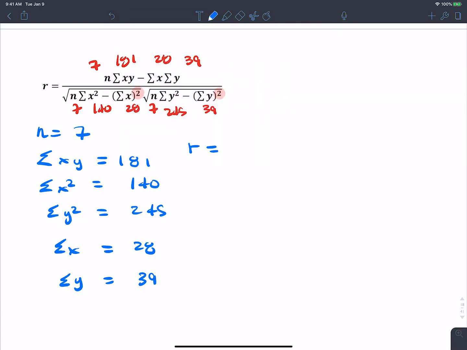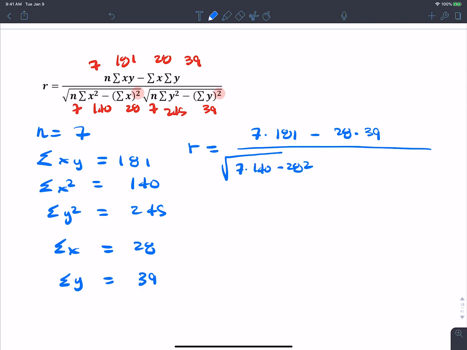So R then will be 7 times 181 minus 28 times 39 over the square root of 7 times 140 minus 28 squared, times 7 times 245 minus 39 squared.